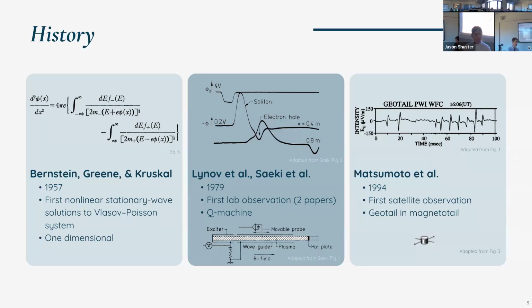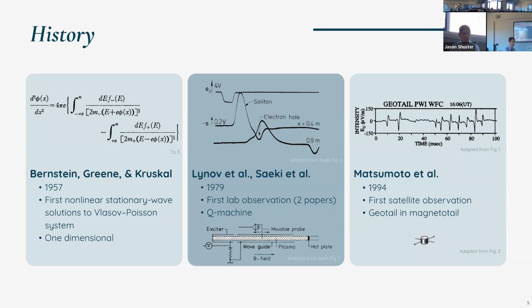It's purely electrostatic, so the Poisson equation. And this equation I'm highlighting here is essentially the equation that they solved. They realized that you could actually solve this, and the way they did it involved the decomposition of the distribution function into trapped and passing electrons. That was their key insight.